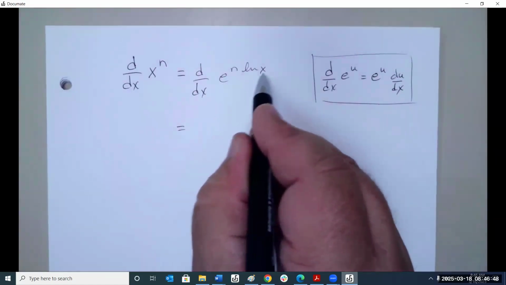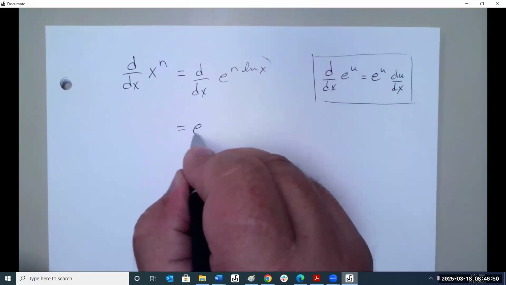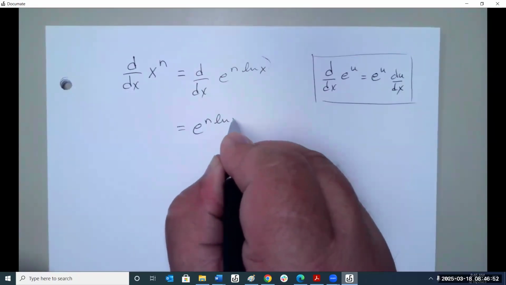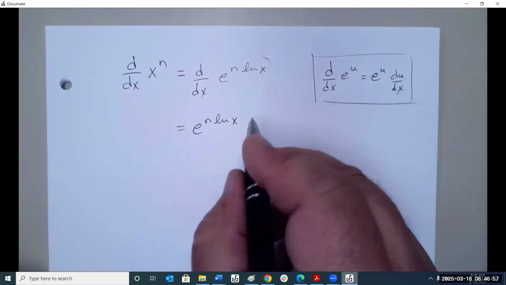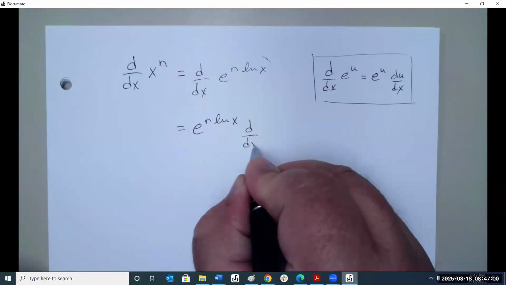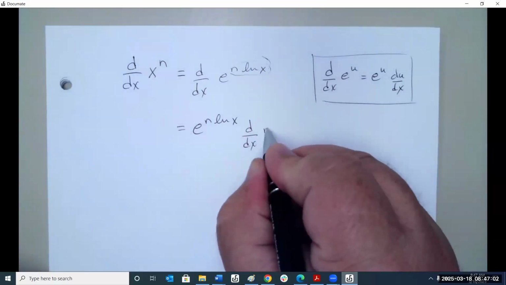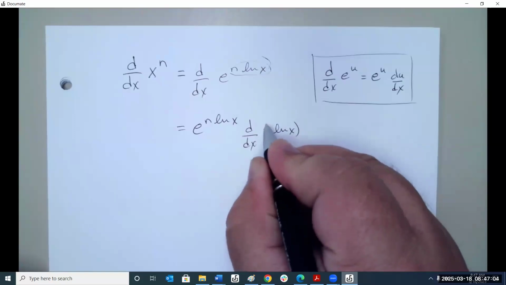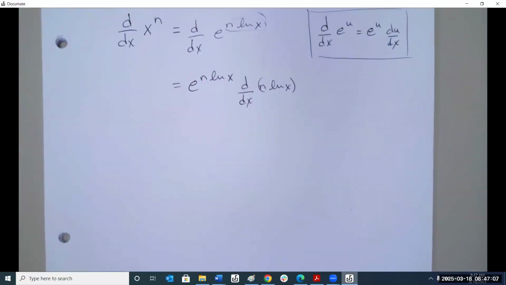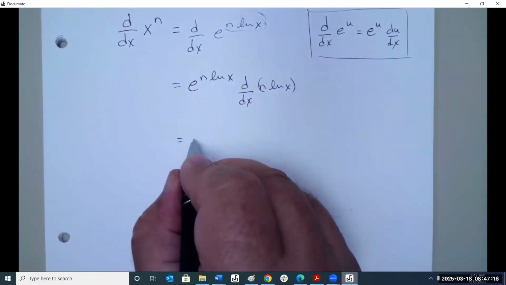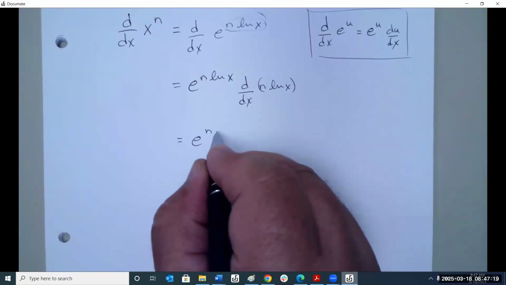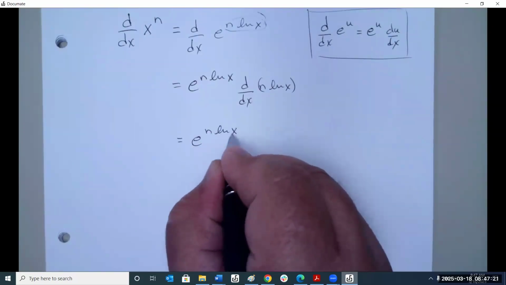So we start off with this equation here, which is e to the power n ln x, times du dx, which is the derivative of the exponent. That's du dx. So we have e to the power n ln x.